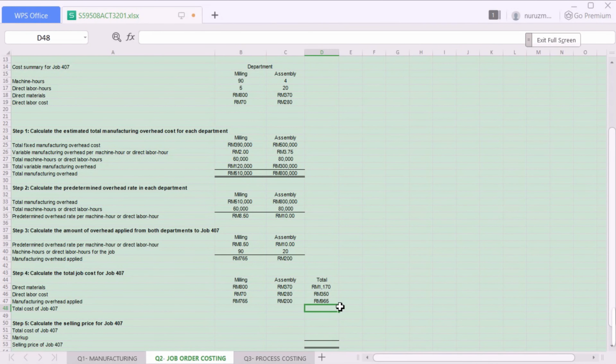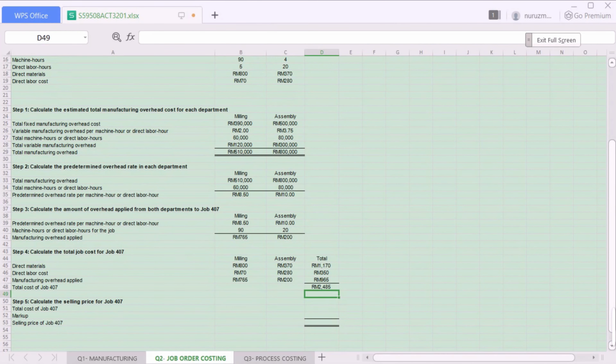Total cost of job 407 is direct material plus direct labor cost plus manufacturing overhead applied equals 2,485.